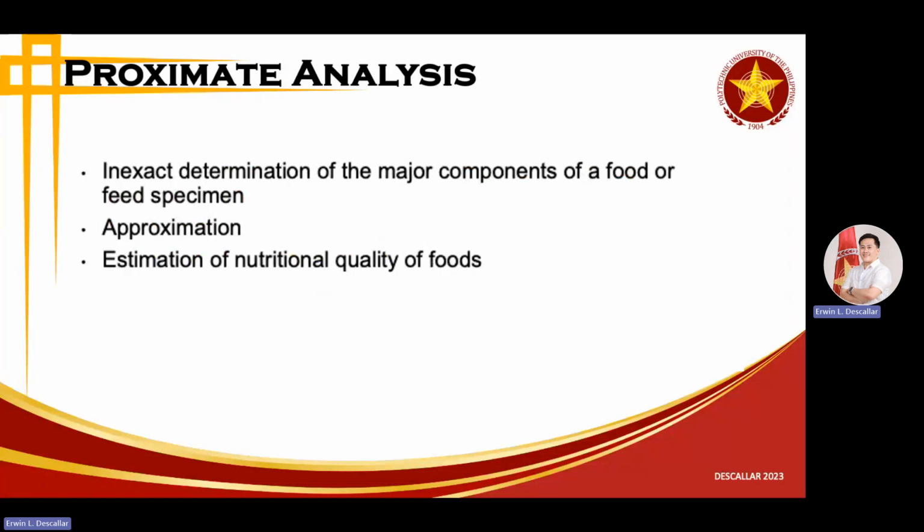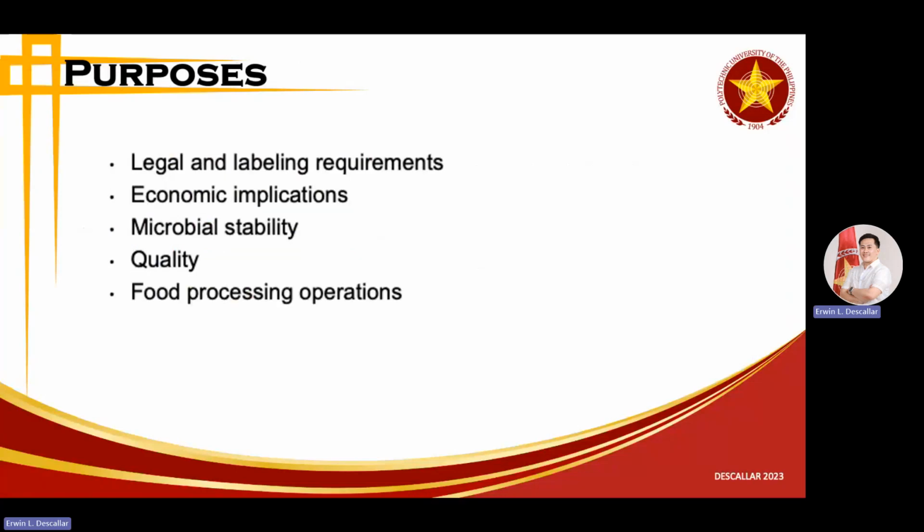And very basic as a BSFT graduate, you should know how we are going to conduct proximate analysis in different food samples. So what is the purpose of this proximate analysis? It's important for the legal and labeling requirement.